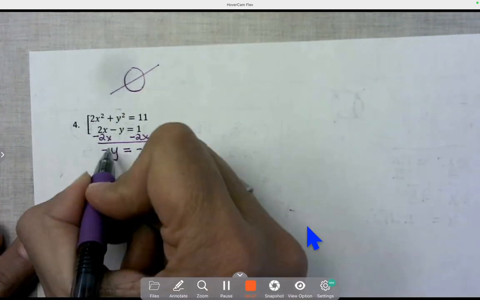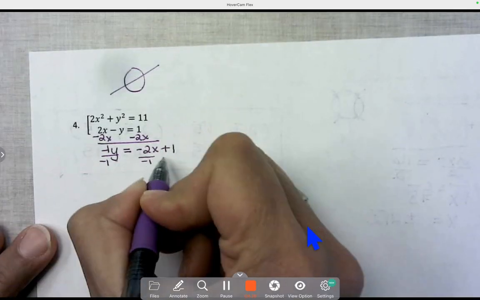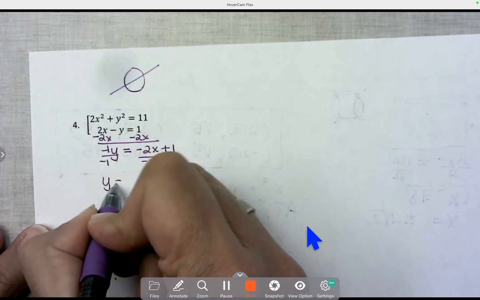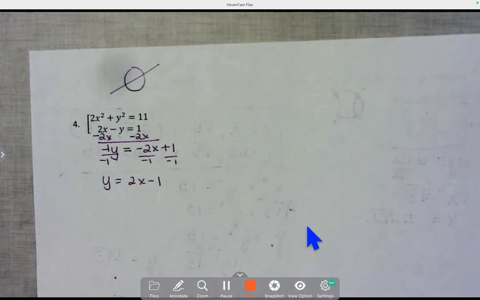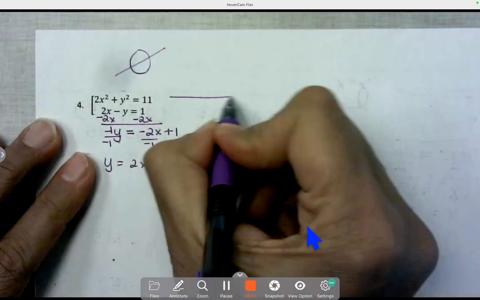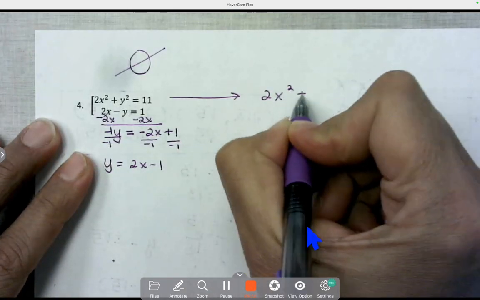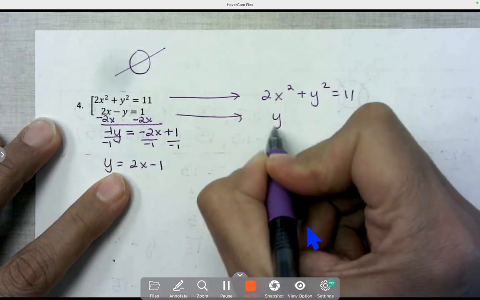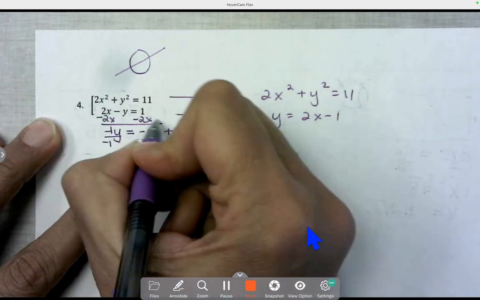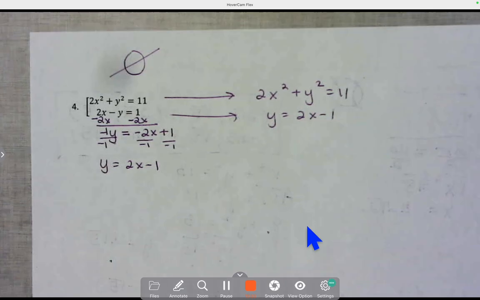We're going to divide everything by negative 1, and we have y equals 2x minus 1. I'm just going to copy this over to make the notes look a little bit cleaner. So we're going to forget about this now. This is what we're looking at.